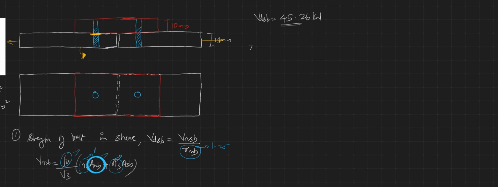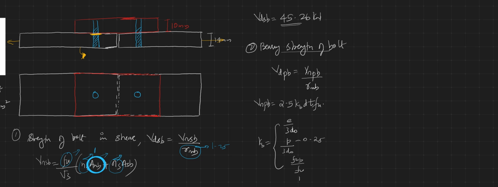Now coming to the bearing strength of the bolt, I could write bearing strength VDPB is equal to VNPB, that is 2.5 KB D T FU, where KB won't be any change, so the least of these you will get the value of KB as 0.50. D is also same as before.